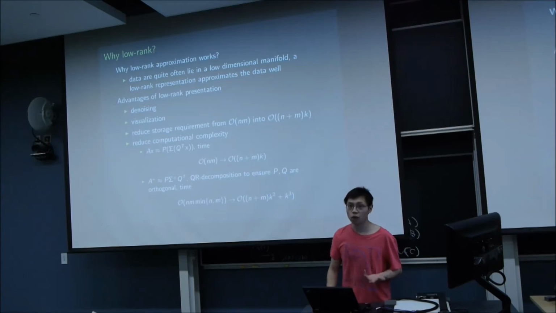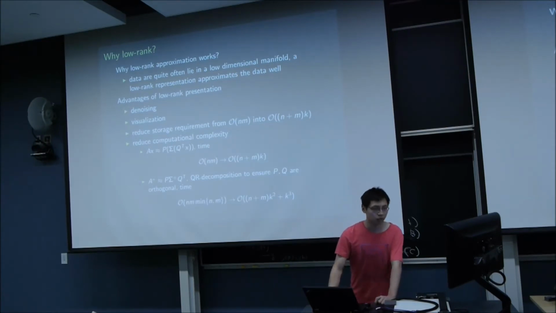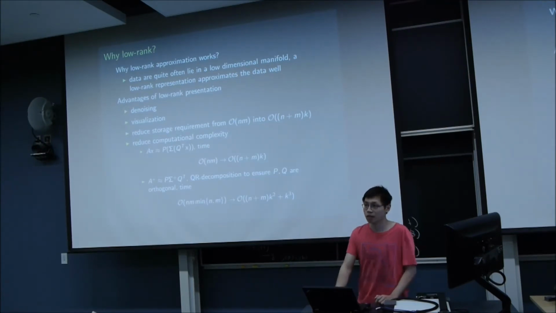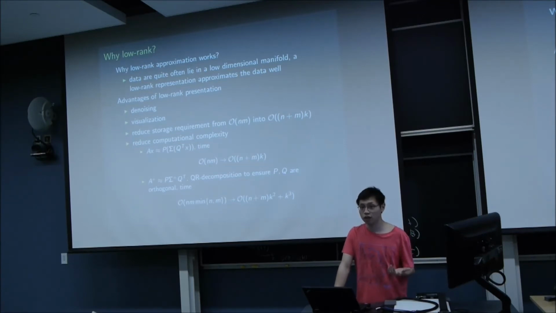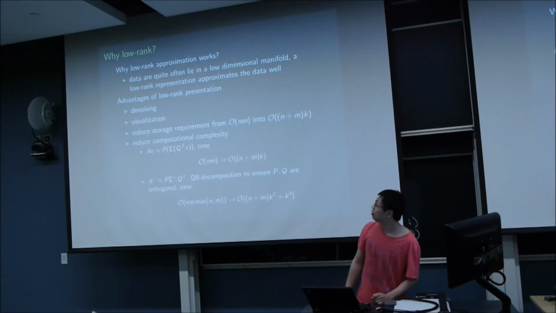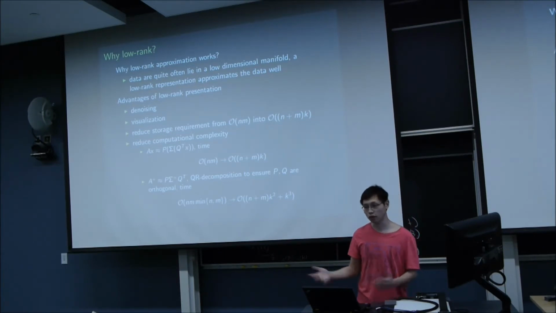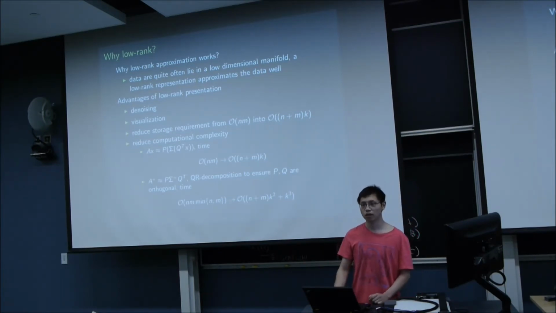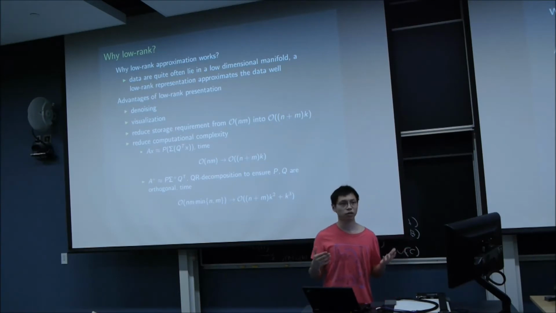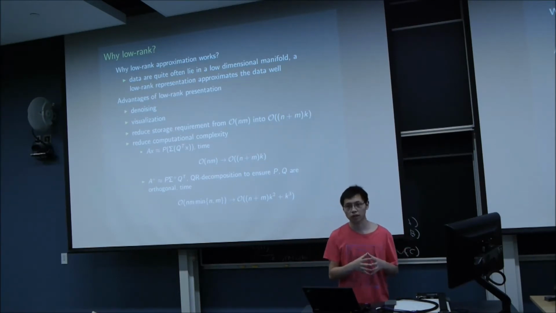And why do we want low rank? There are several reasons. The basic assumption is very similar to PCA, that the data quite often lies on a low dimensional space, or what we call a manifold. You observe very high dimensional data, but it is noisy, so actually the basic structure is quite simple.